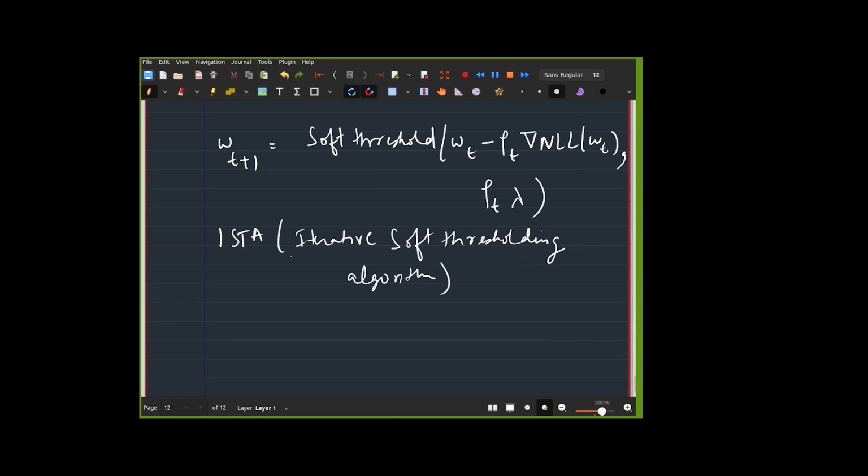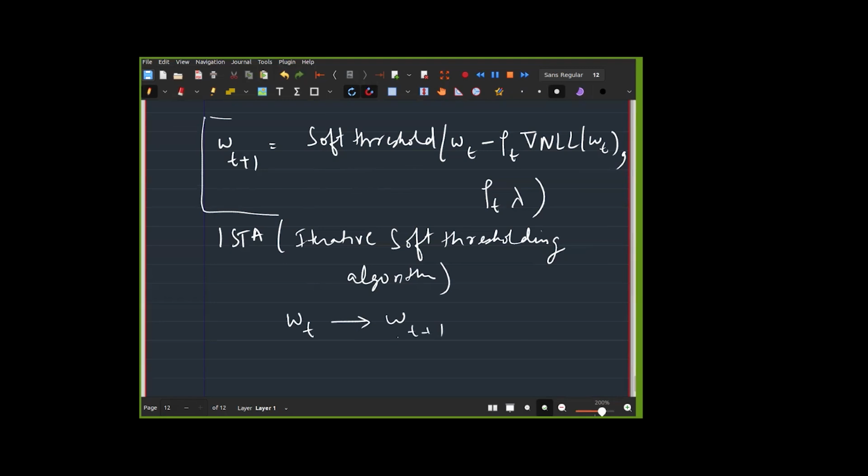So the name doesn't matter, and I don't even expect you to remember all these things, but at least you know the options. And here, this is basically kind of like an operator, right? Because soft thresholding is an operator which maps Wt to Wt plus 1.